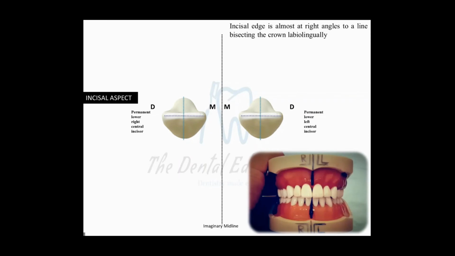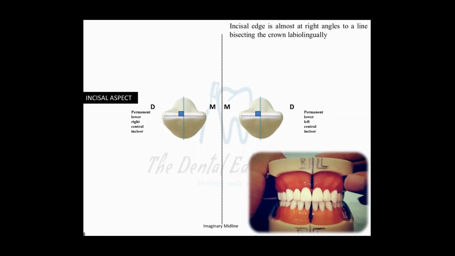So if you see the line which is bisecting labiolingually, it's approximately at a right angle to the incisal ridge. So you can easily identify that this incisal ridge is at a right angle to the line bisecting labiolingually. A right angle can be easily formed between the two lines.